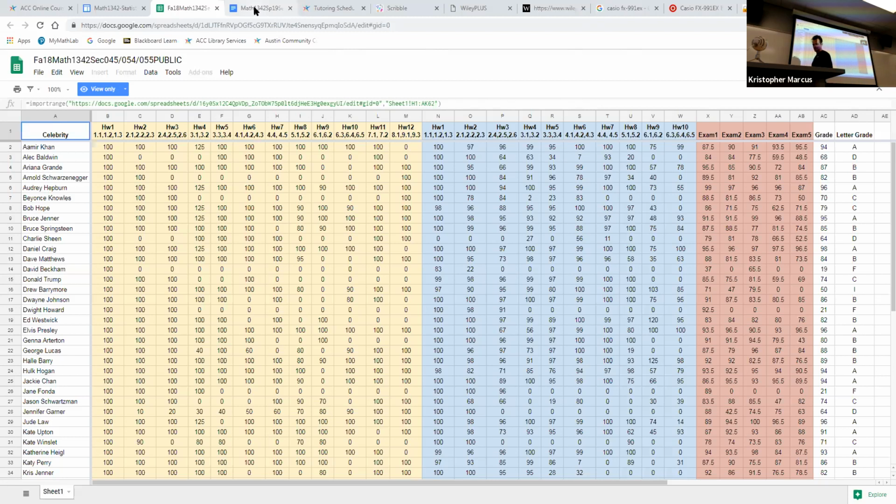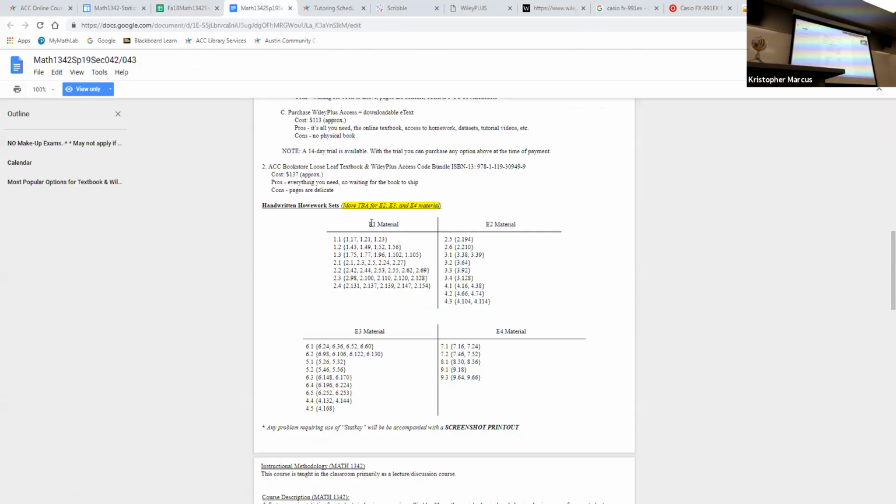All right. The other thing to mention very briefly about the homework is, if you notice, there's this highlighted yellow part. It's just telling us that homework coming from the material out of exam 2, exam 3, and exam 4 has not been finalized. All of the homework problems for the exam 1 material are fixed.